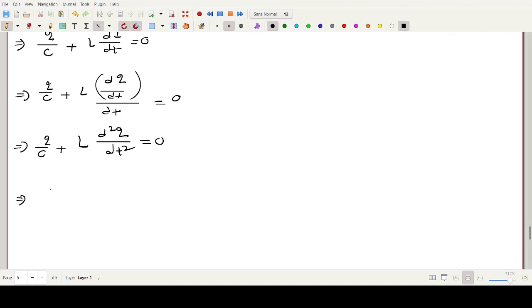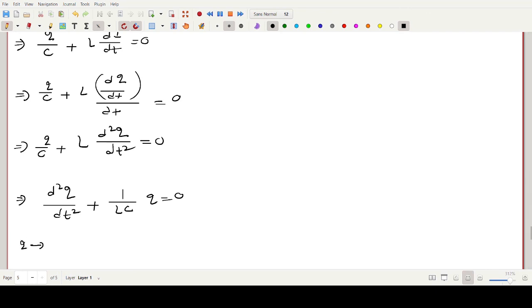And finally we can write d²Q by dt² plus 1 by LC times Q equals 0. So this is the equation of simple harmonic motion for the LC circuit.